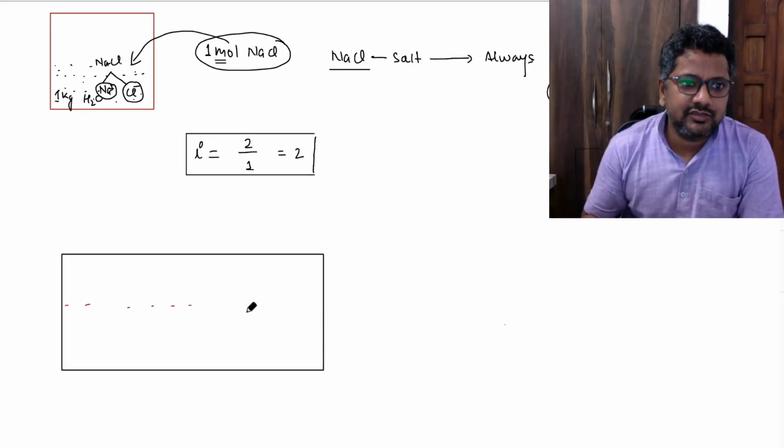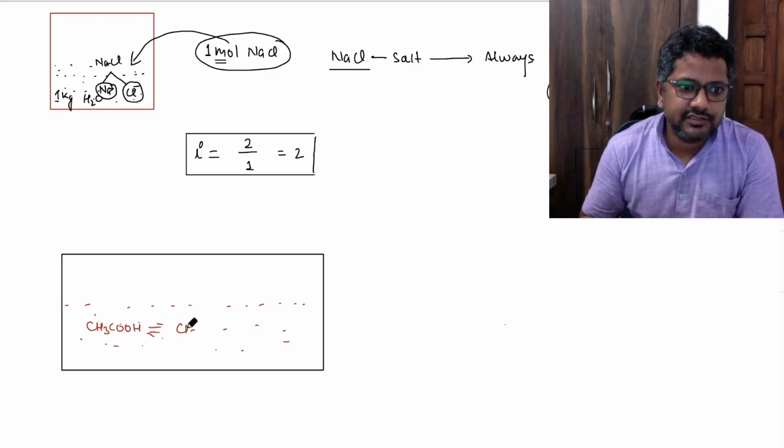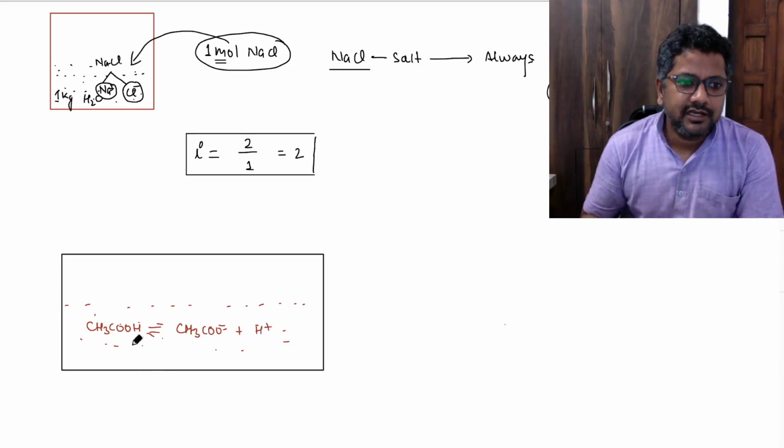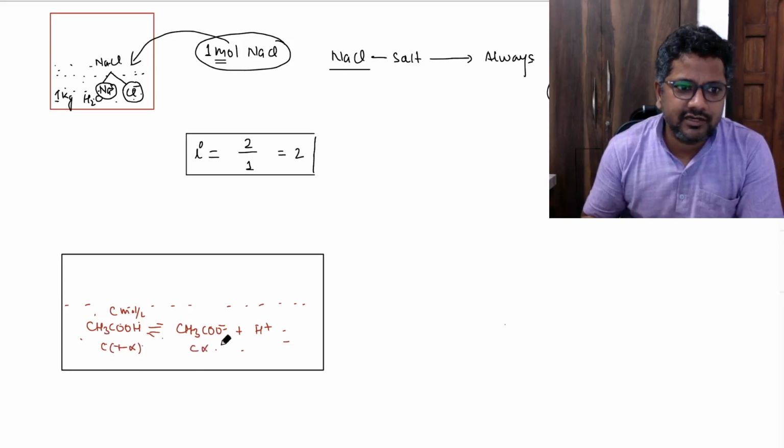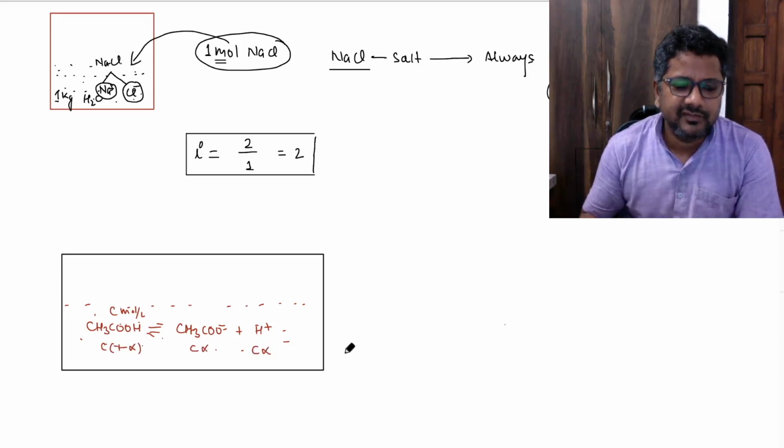Suppose we have the acetic acid CH3COOH, it dissociates into CH3COO negative plus H plus, right? Suppose that C moles per liter were taken, and this is not fully dissociated, so it will dissociate as C into 1 minus alpha, this is C alpha and this is C alpha, right?